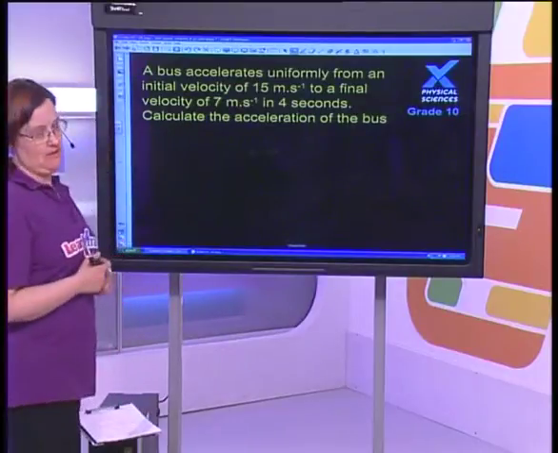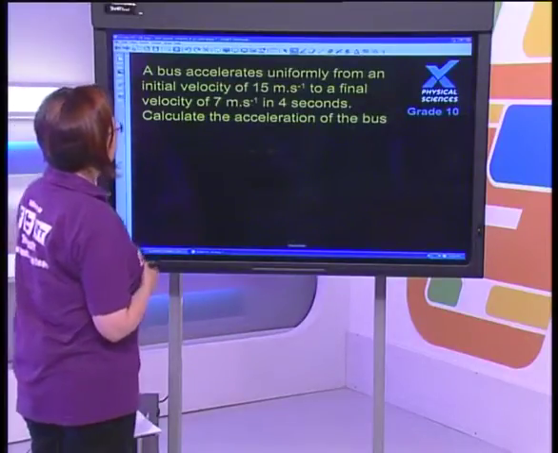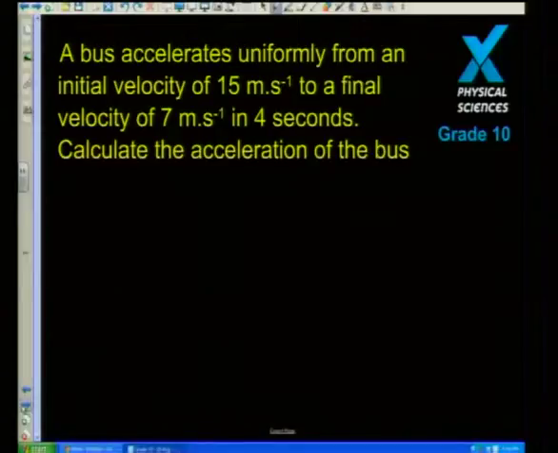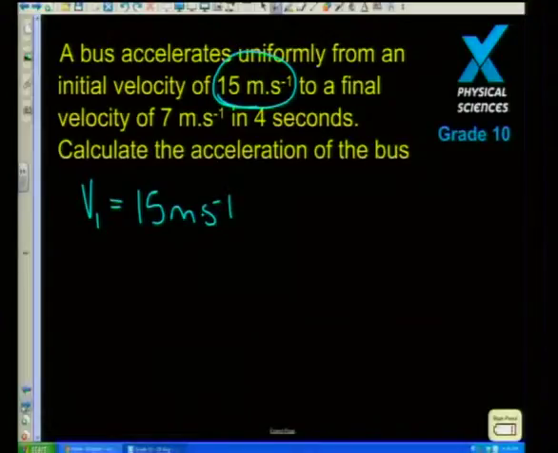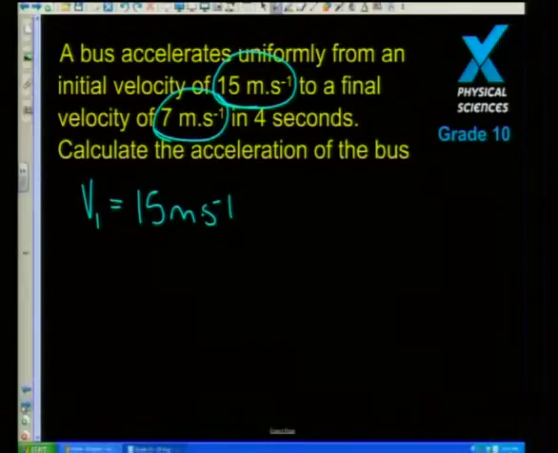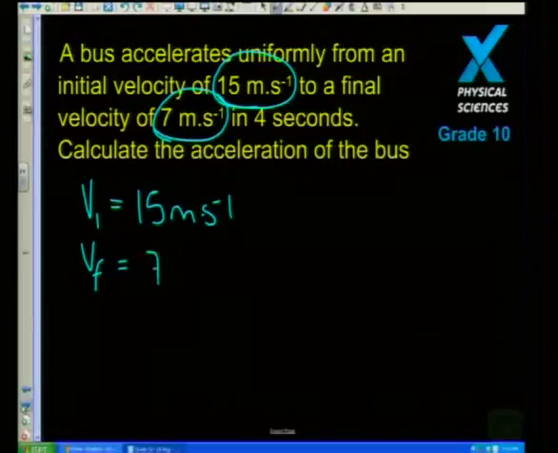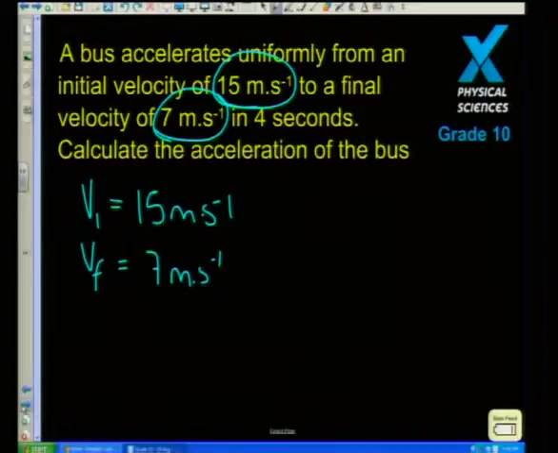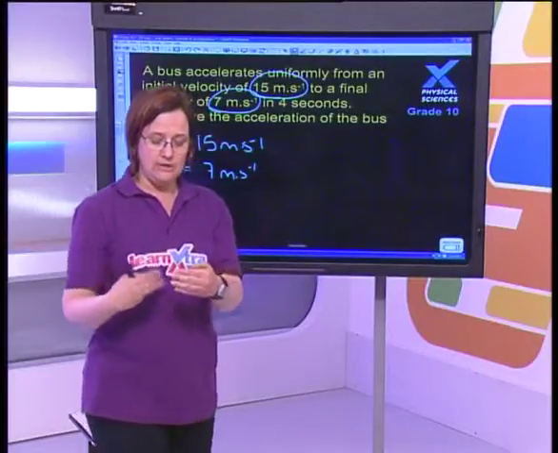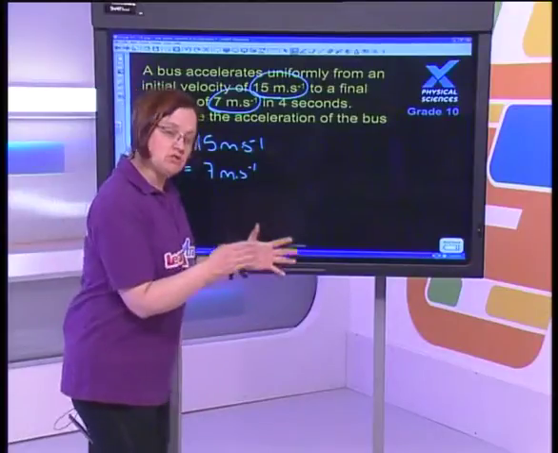A bus, we have another bus, which accelerates uniformly. Now notice what we've done here, from 15 meters per second, so my initial velocity is 15 meters per second, to a final velocity of 7. So grade 10s, what's happened? The bus has slowed down. If we now make a decision in terms of direction, let's make the bus's original direction positive.